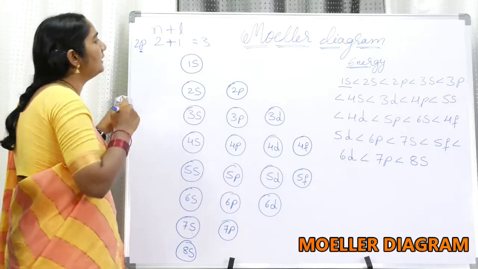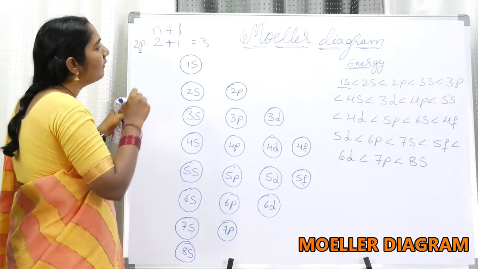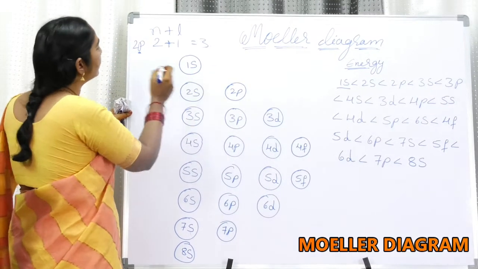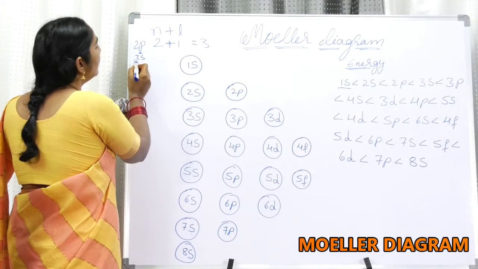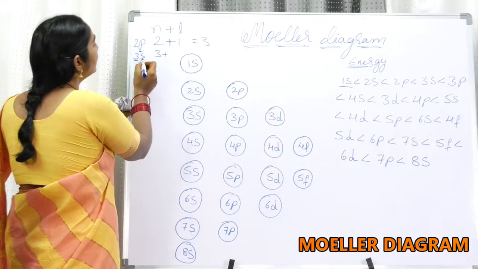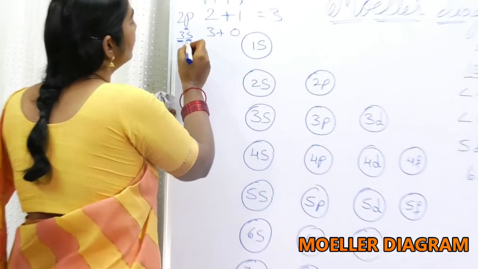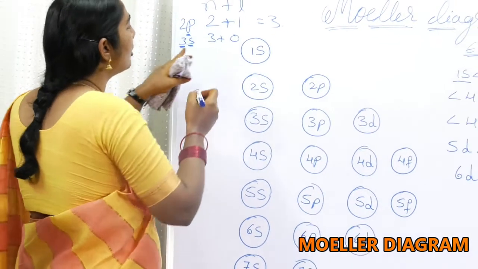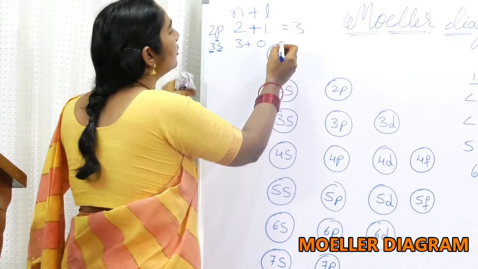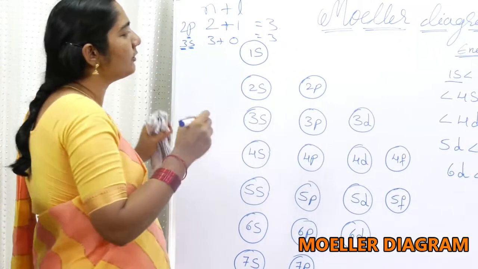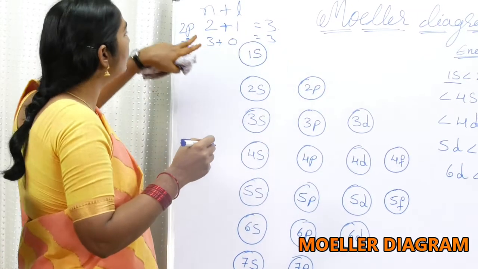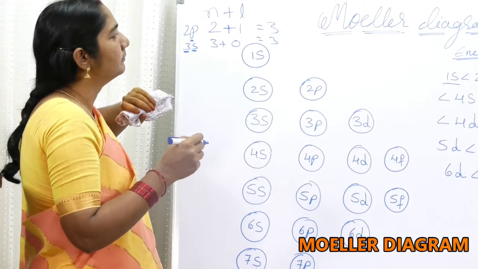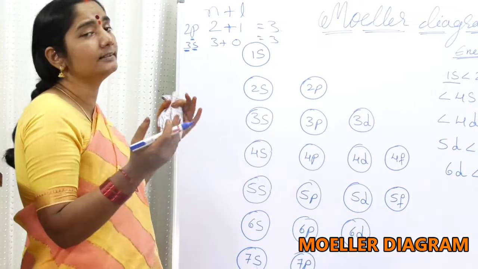Now take 3s. Here n is 3 and l for the s orbital is 0. So, 3 plus 0 is also equal to 3. Now you can ask me a question. Here the n plus l value is 3 for both 2p as well as 3s, which means the energies are the same.